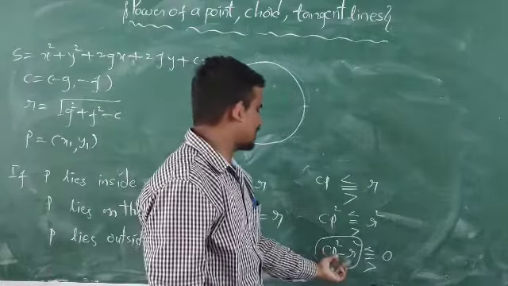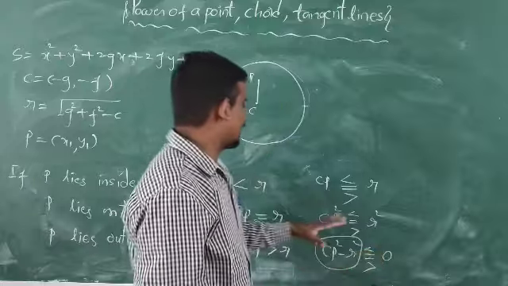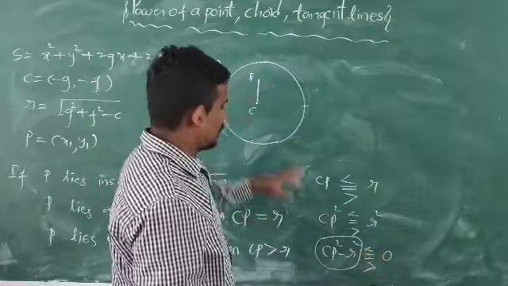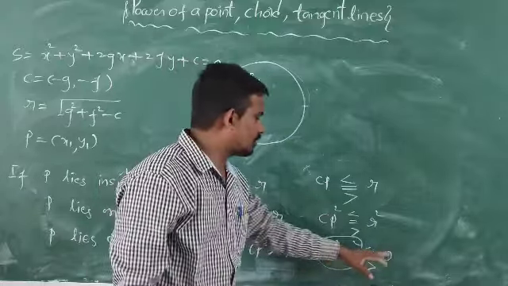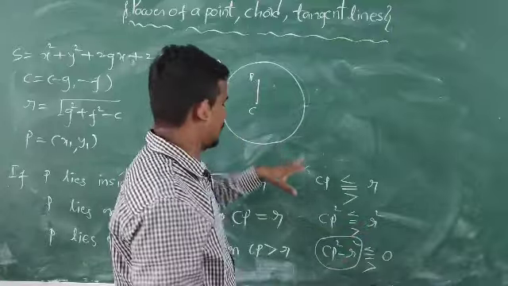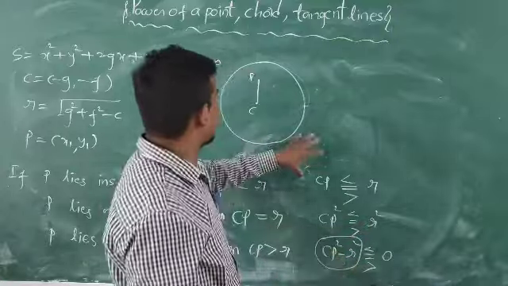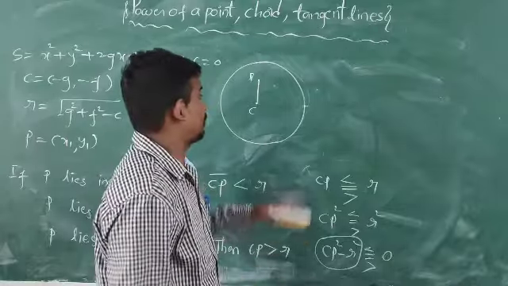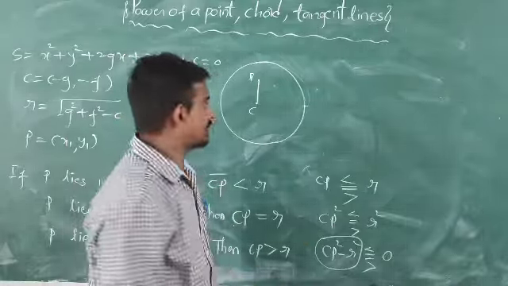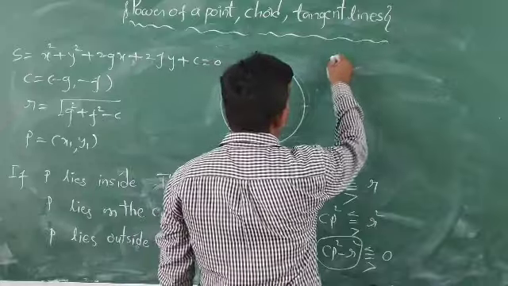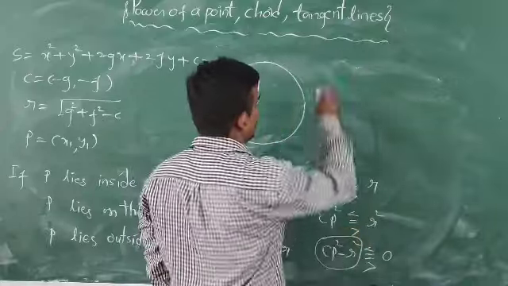If CP square minus R square is less than 0, then it lies inside. If it is equal to 0, then it lies on the circle. If it is greater than 0, then it lies outside the circle. So CP square minus R square gives us the information about where the point lies. That's why CP square minus R square is called the power of the point.